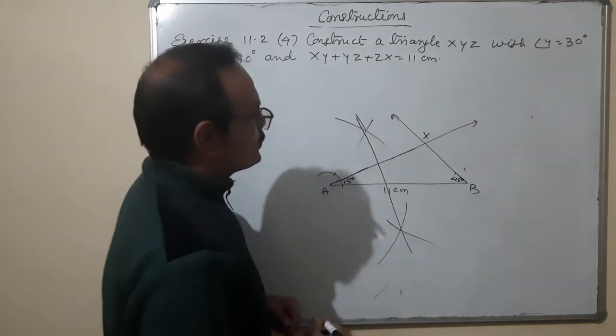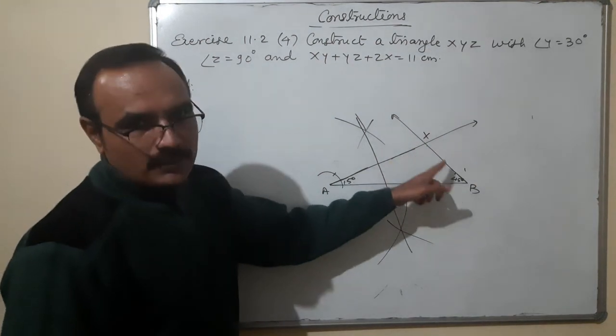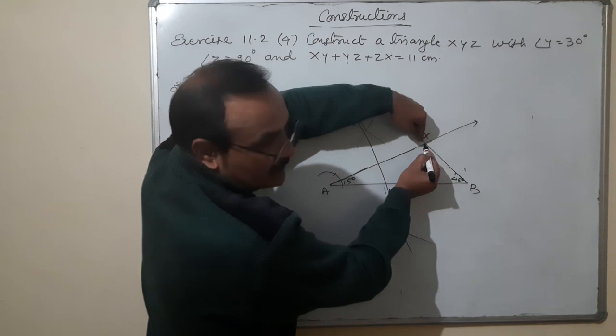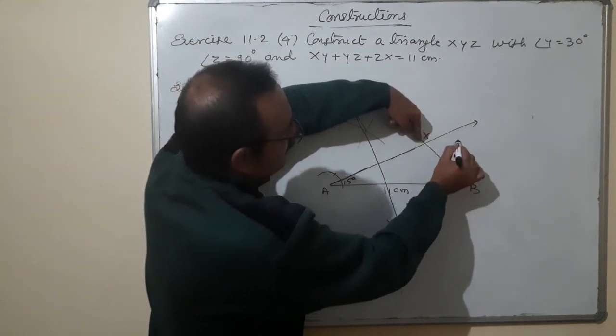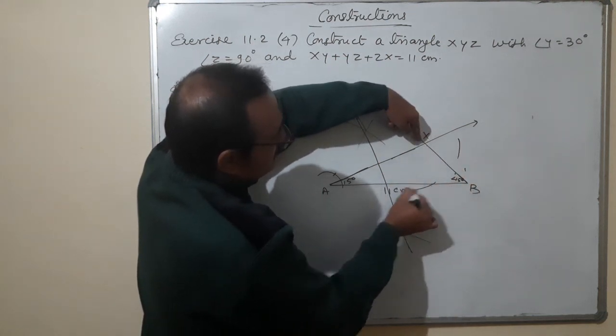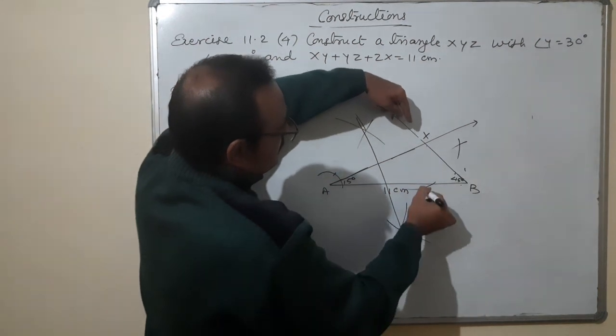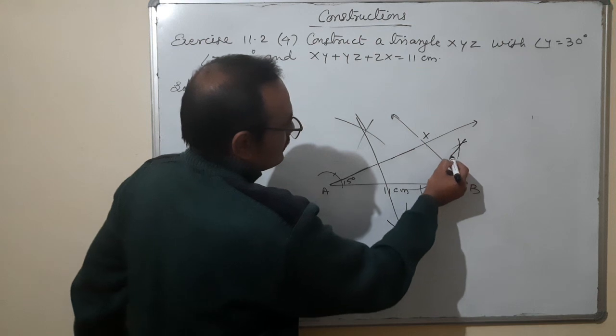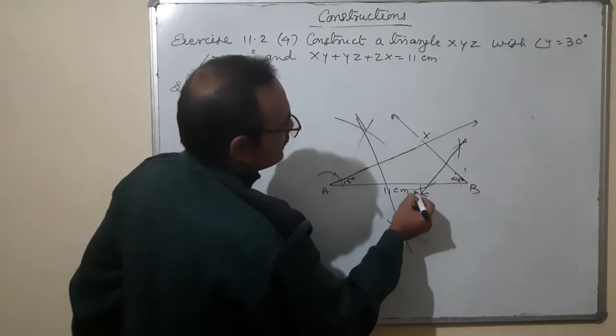Okay, that is one. Second, we are going to draw the perpendicular bisector of XB. Placing the compass point at X, more than half of BX, cut these two arcs. And here, cut them. And after that, we are going to join it like that.